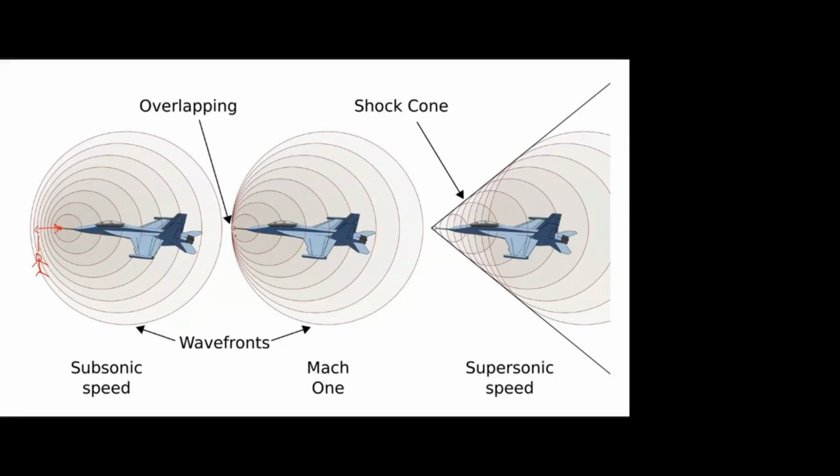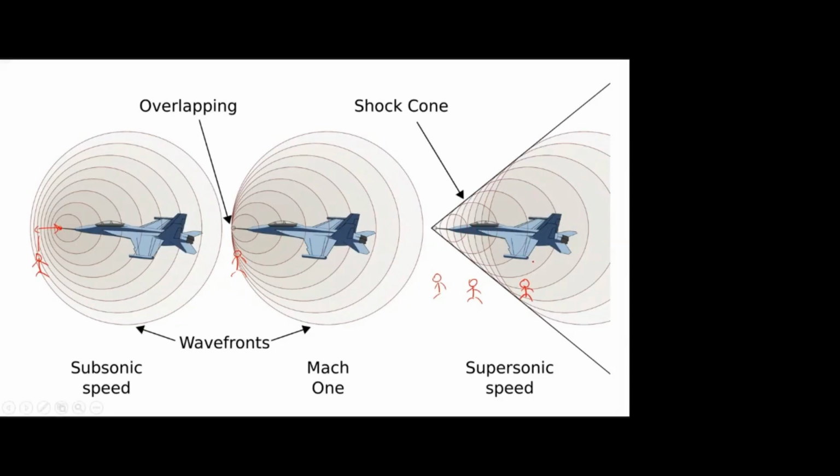In the sonic case, I can hear it only when it comes exactly above me. But in the supersonic case, even if I stand here, I cannot hear anything. I cannot sense that a supersonic aircraft is coming. Only when it crosses me will I fall within this sound wave region.